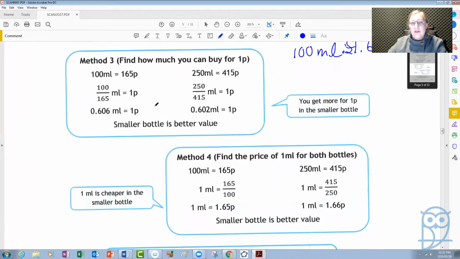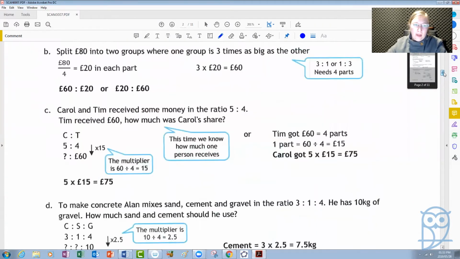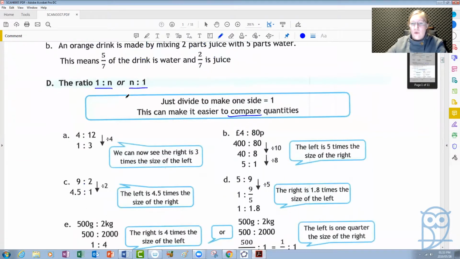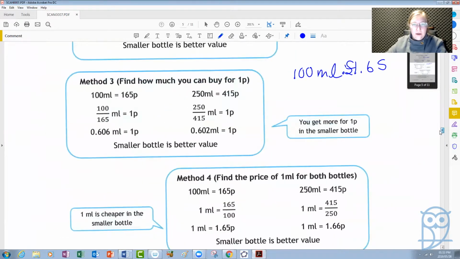So this is what I meant with the 1:n ratios that we had over going up. Here, 1:n and n:1 ratios make it very easy to compare things. So if we look at our bottles here, both of these two methods compare 1:n or n:1. So if we get both of them into the same format, then we can compare them.